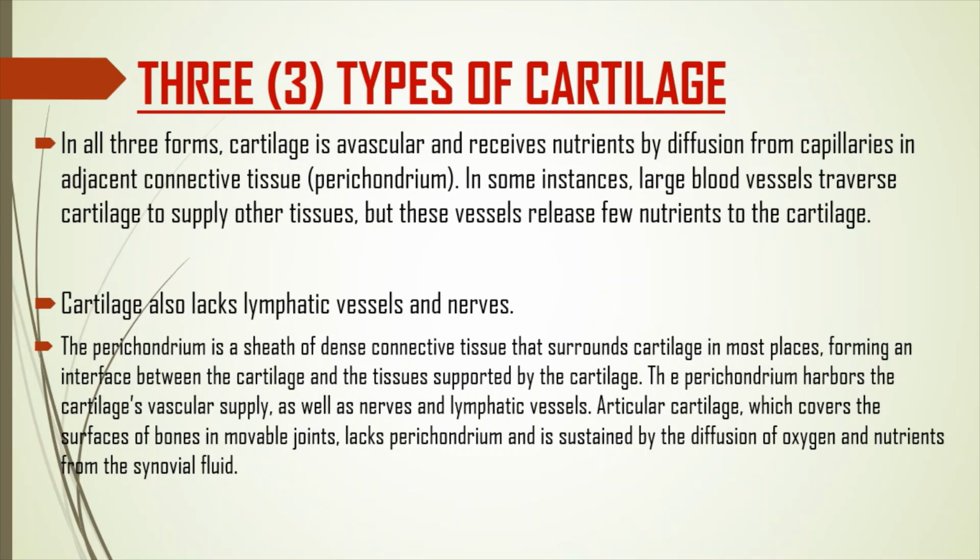The perichondrium is the one that harbors the blood supply to cartilage. So, oxygen and nutrients will diffuse from the blood vessels in the perichondrium and go to cartilage.